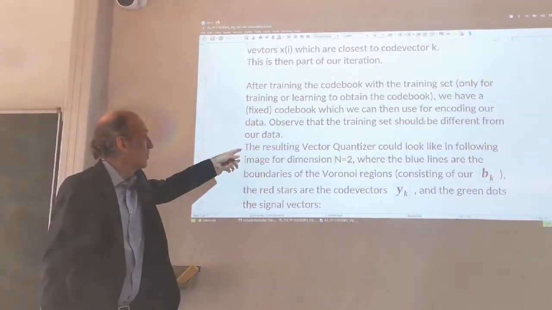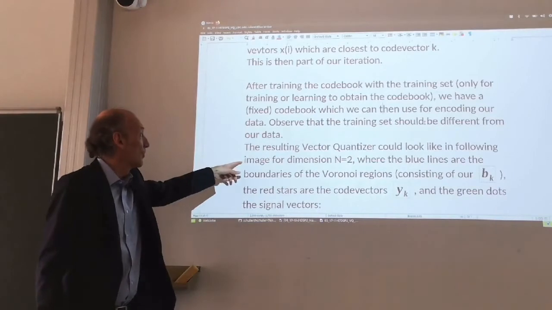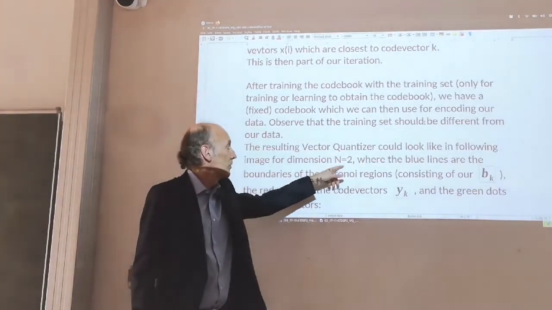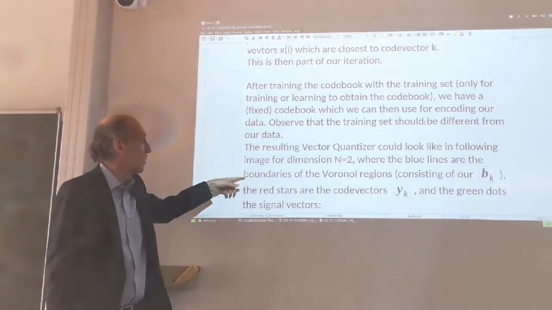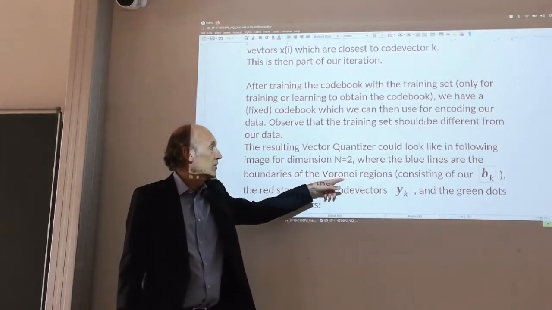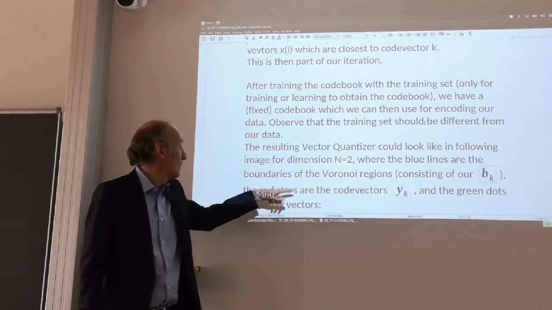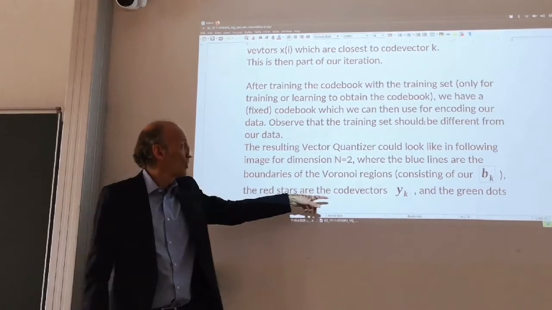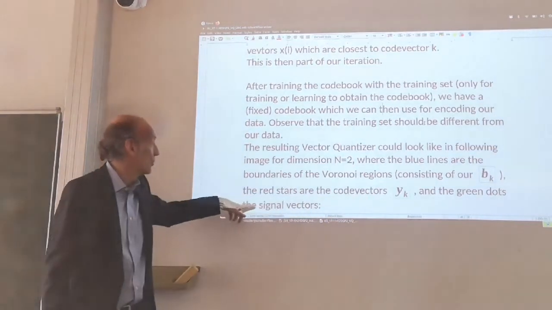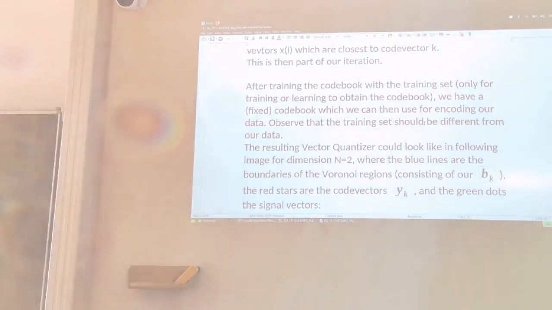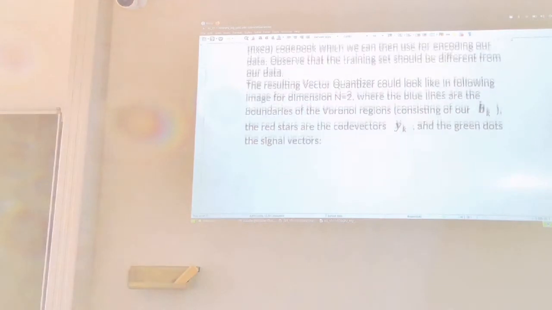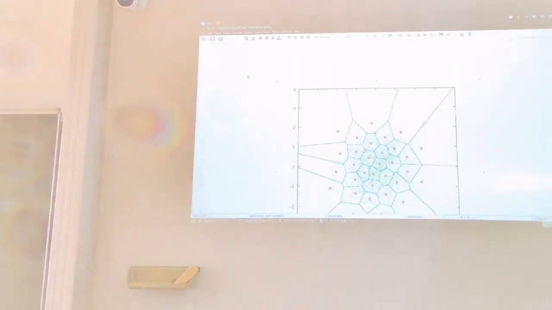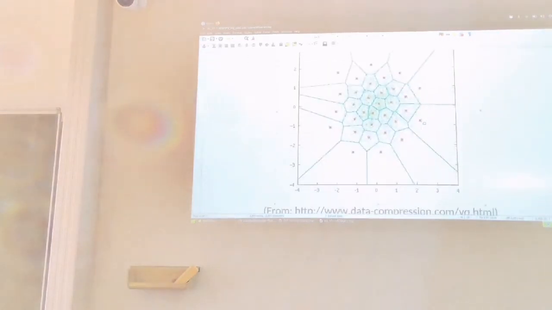So the resulting vector quantizer could look like in the following image for dimension n equals 2. The blue lines are the boundary for the Voronoi regions, consisting of our vk, the red stars are the code vectors yk, and the green dots the signal vectors. So this is now a graphical illustration. And here you can see the example.